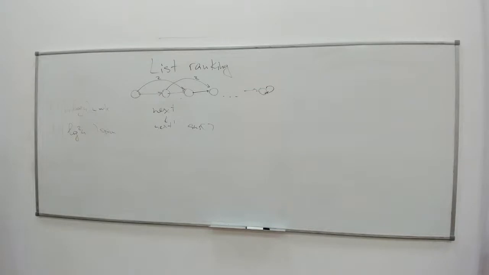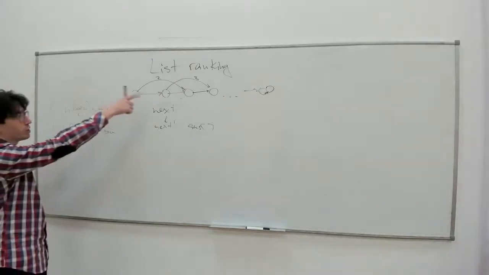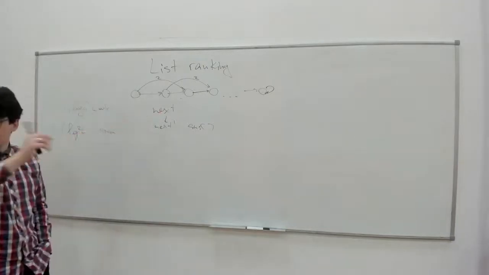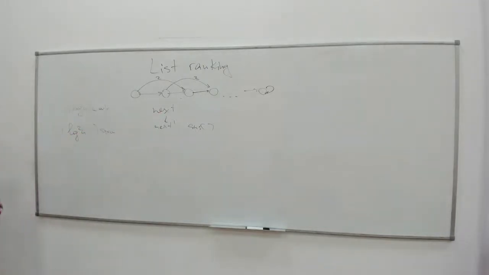You don't have to, because each time you shrink the length. In a usual list we don't have random access, and we have to go through all of it from the beginning.